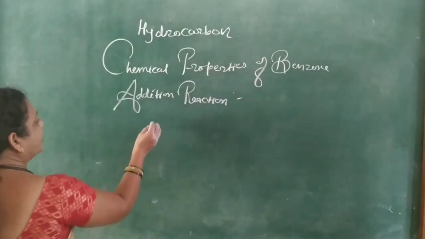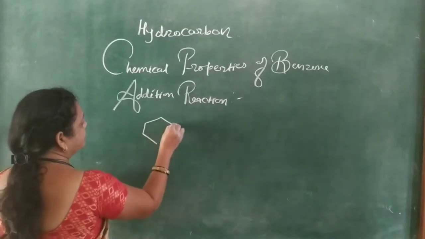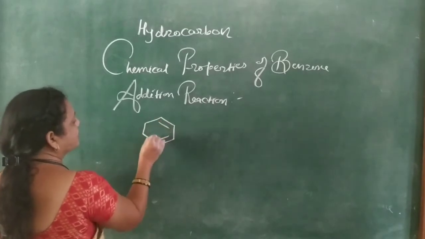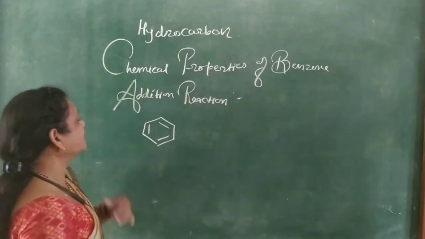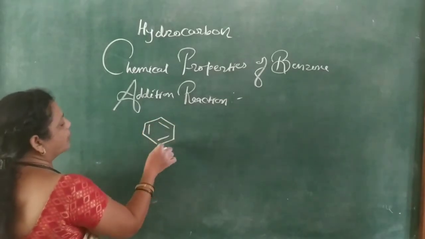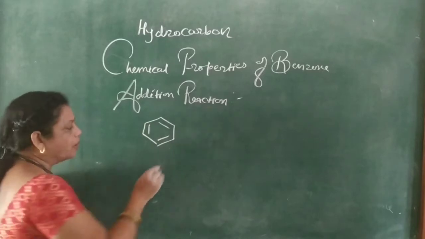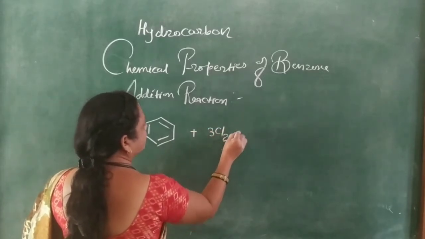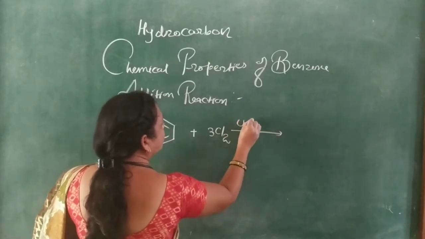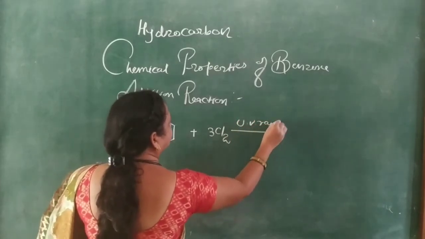Here, chlorination of benzene: benzene C6H6, and this is the Kekulé structure of benzene, each corner containing CH, plus Cl2 in presence of UV rays.